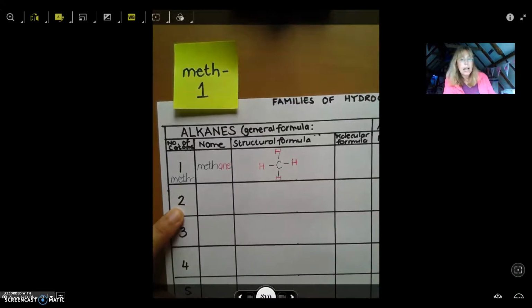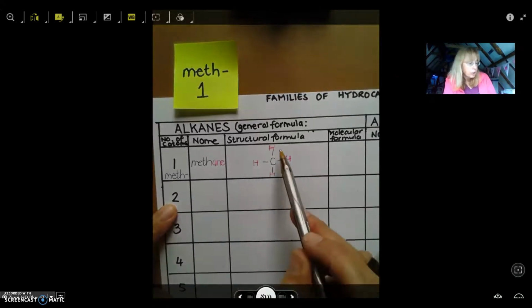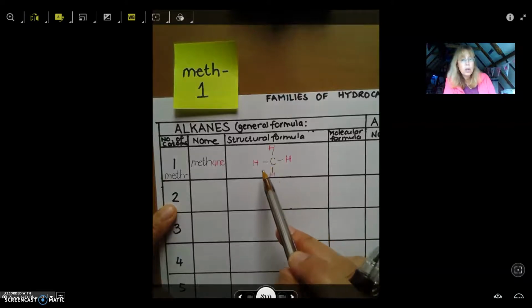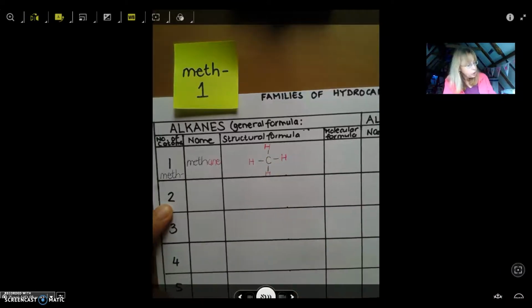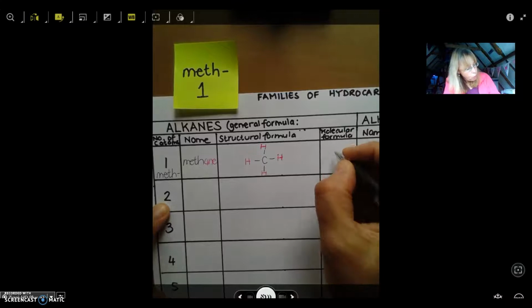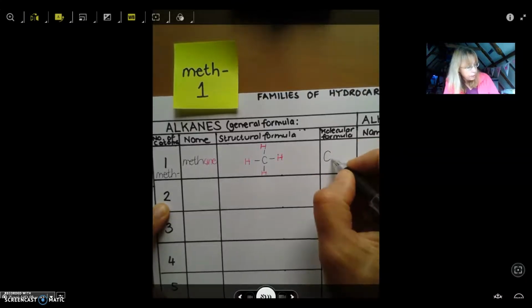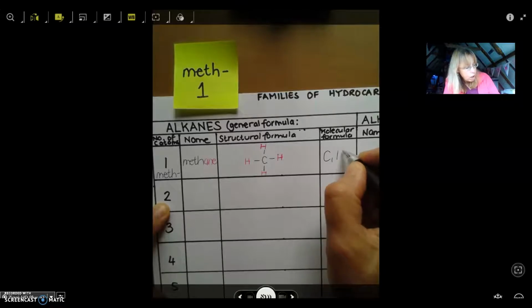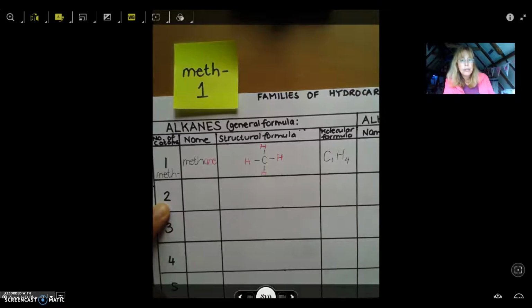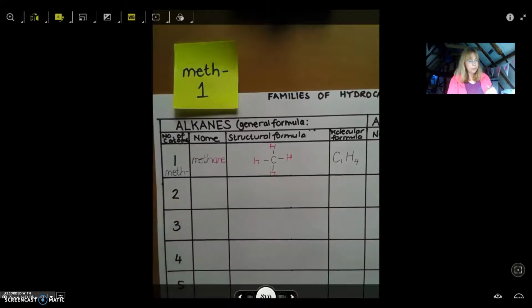Now, sometimes the examiner doesn't want the structural formula, they want the chemical or the molecular formula. So then we say I have got 1 carbon, and I don't need to write the 1, I can if I want to, and for every 1 carbon I have got 4 hydrogens. Okay, you're getting the idea? Right, let's take the next one.